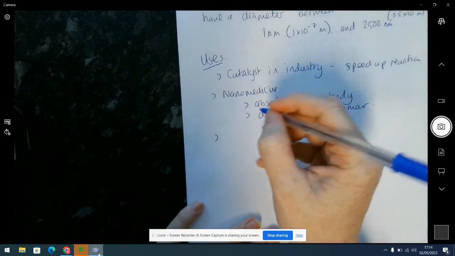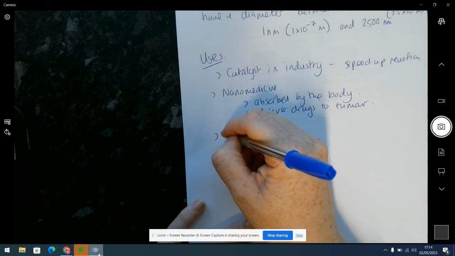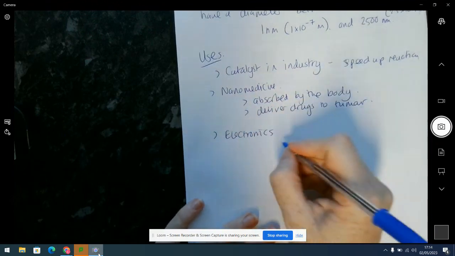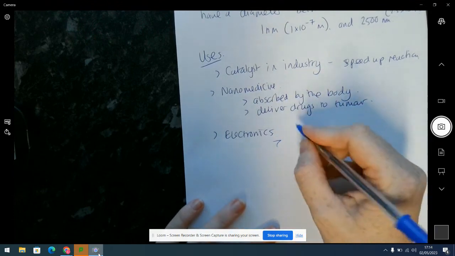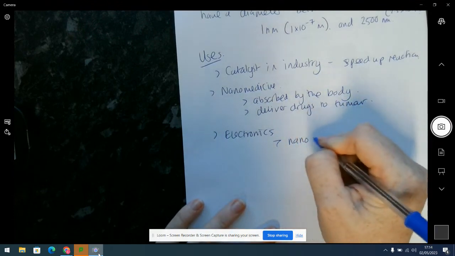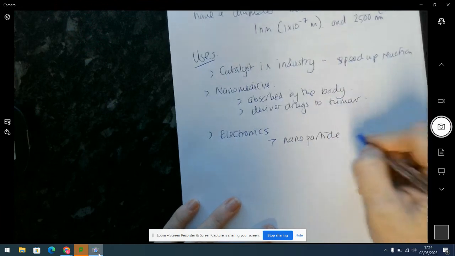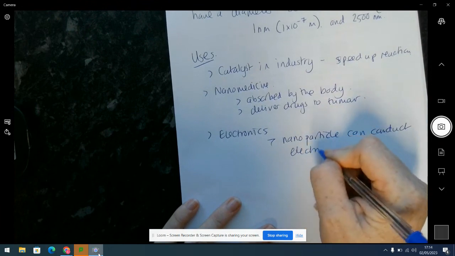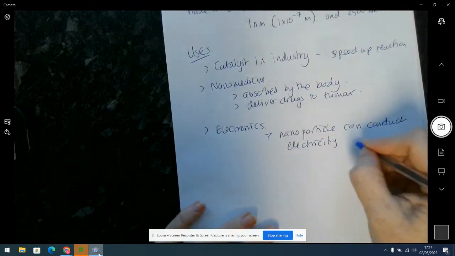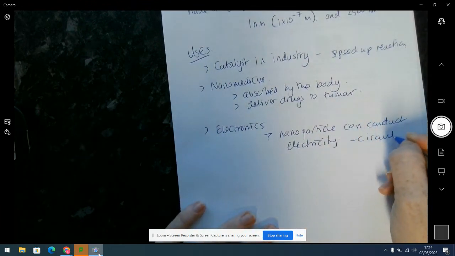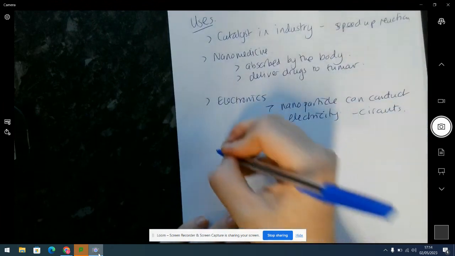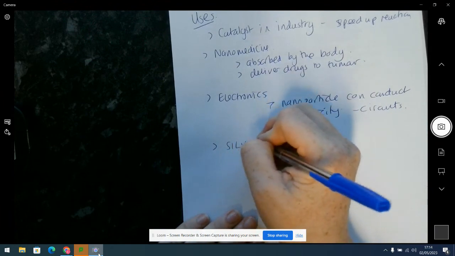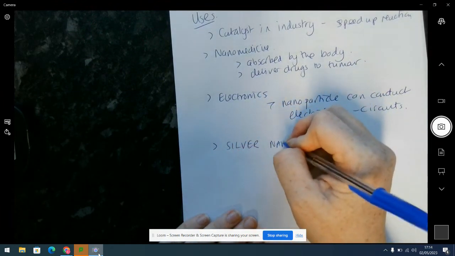We also use nanoparticles in electronics, because nanoparticles do in fact conduct electricity, or they can. So we do use them for that. So circuits, for example, we can use them there. We give you a specific example of nanoparticles, which is silver nanoparticles.